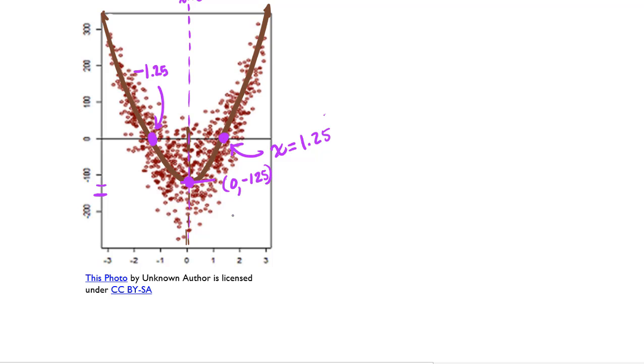And now we can talk about how to write the quadratic. We know that a polynomial, f of x, can be represented by its zeros, where the function crosses the x-axis. And we know that that happens at two values, x equals 1.25 and x equals negative 1.25.